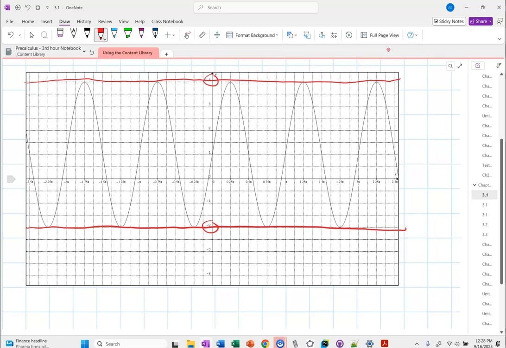If I count, there's 1, 2, 3, 4, 5, 6 units between -2 and 4. Does everybody agree? Halfway in between that is going to be 3 units up. So 1, 2, 3.